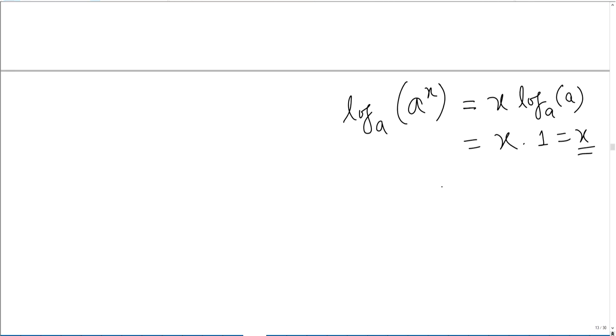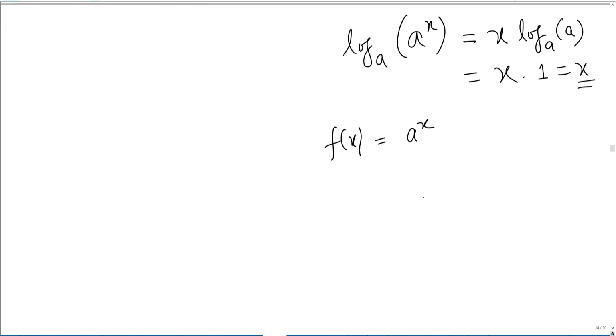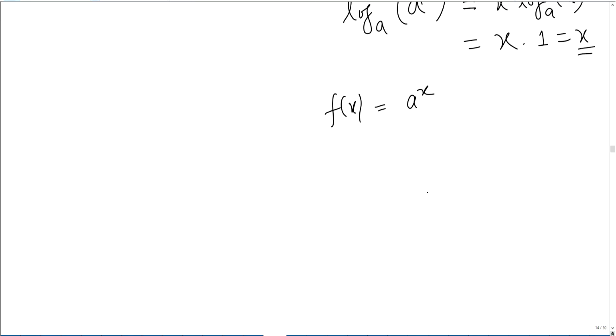So, let us go back to the exponential function. The exponential function was a to the power x. Now, what were the steps that we follow to derive the inverse function of a function? First, rather than f of x, let us write y equals a to the power x, and now we will solve it for x. So, we want to find out what x is equal to.